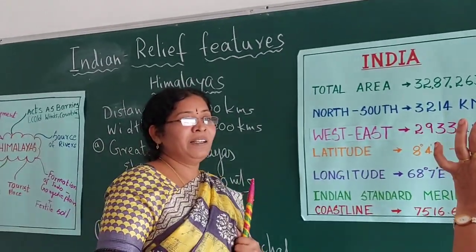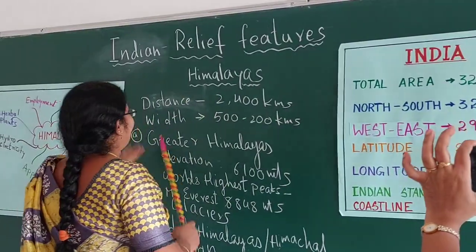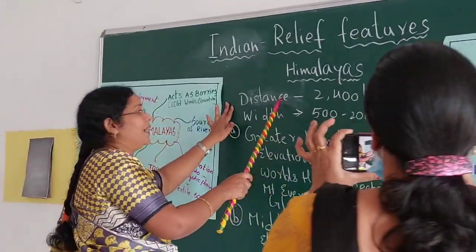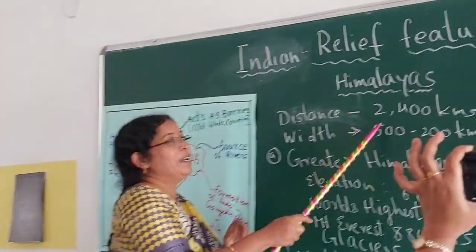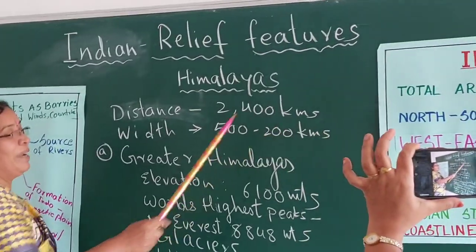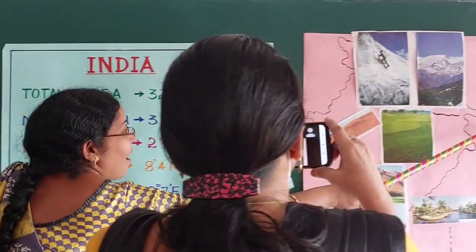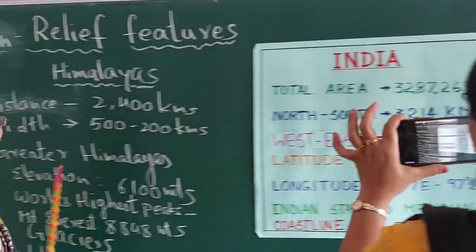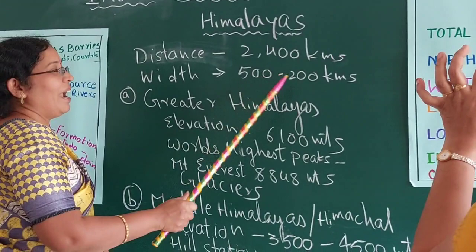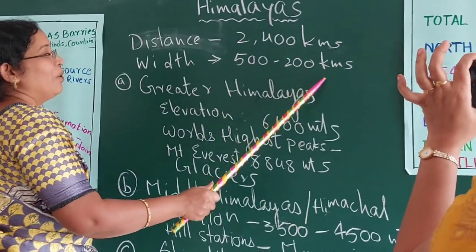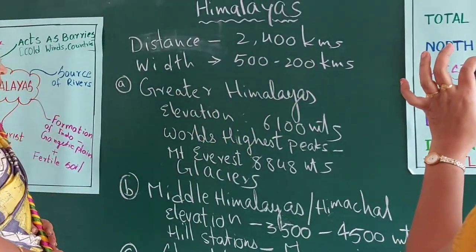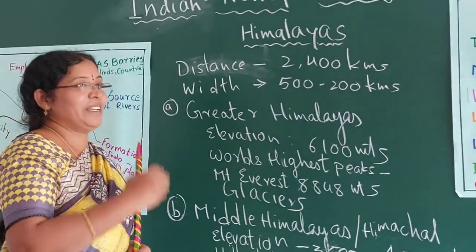Himalayan mountains, if we go by the extension, the total distance covered by the Himalayas is 2,400 kilometers. That is from north to northeast, that is the extension. And the width is 500 to 200 kilometers. And there are 3 divisions.